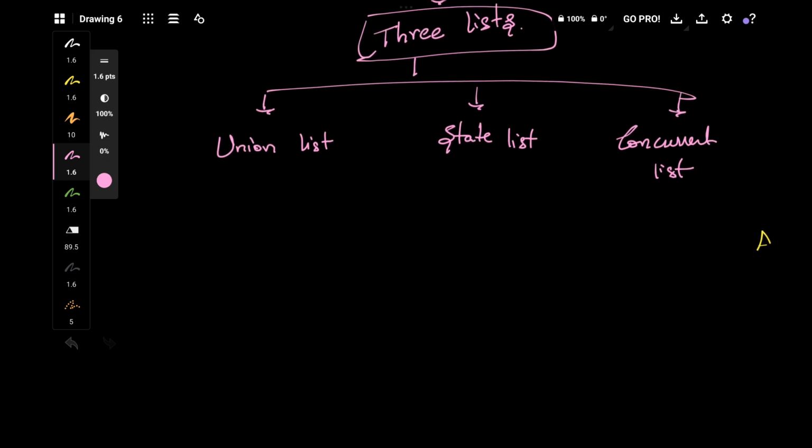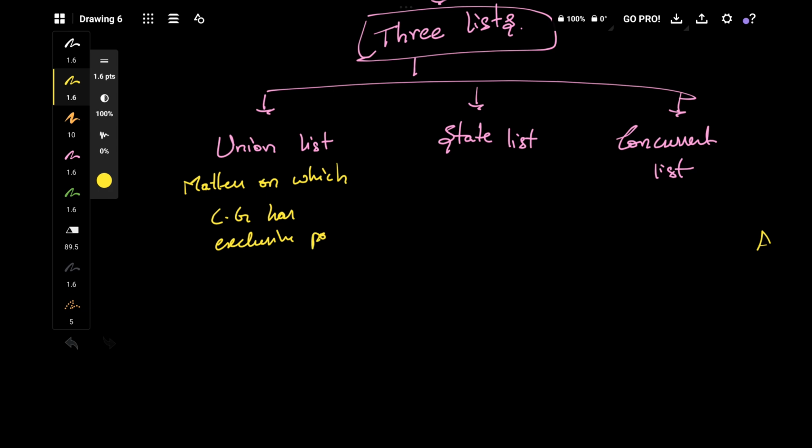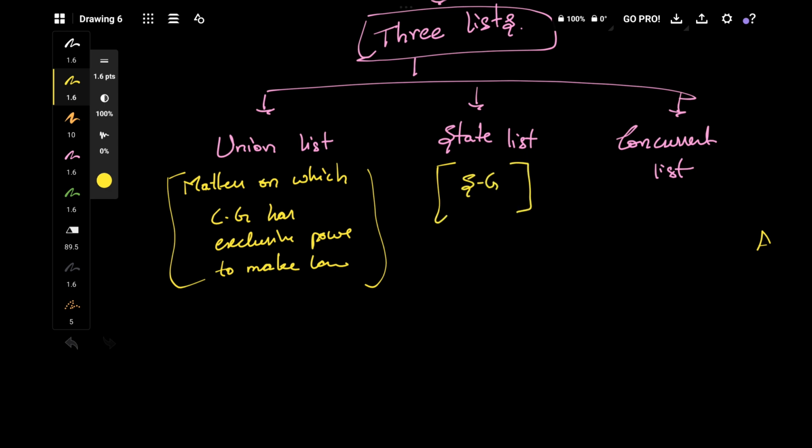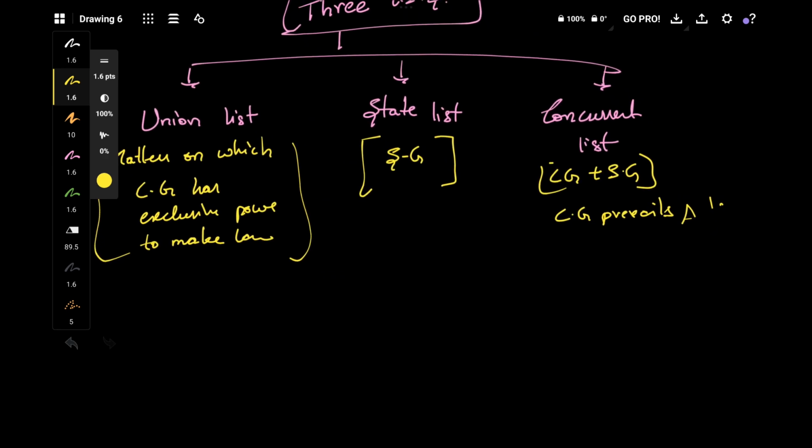Union list is nothing but matters on which the central government has exclusive power to make laws. State list is nothing but matters on which the state government has exclusive power to make laws, and concurrent list is where both central government and state government have power to make laws. If there is a quarrel between them both, the central government prevails. Just be clear with that.